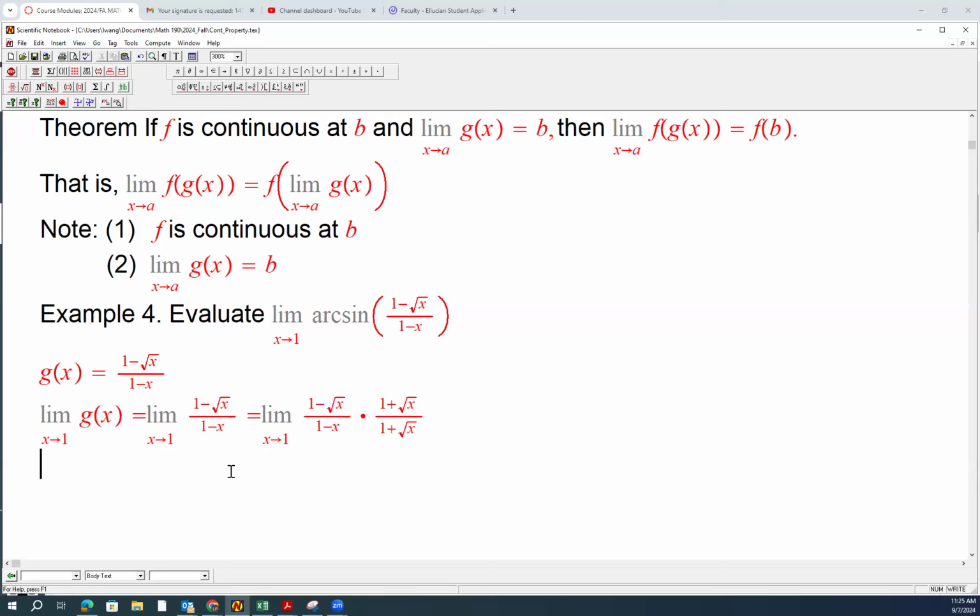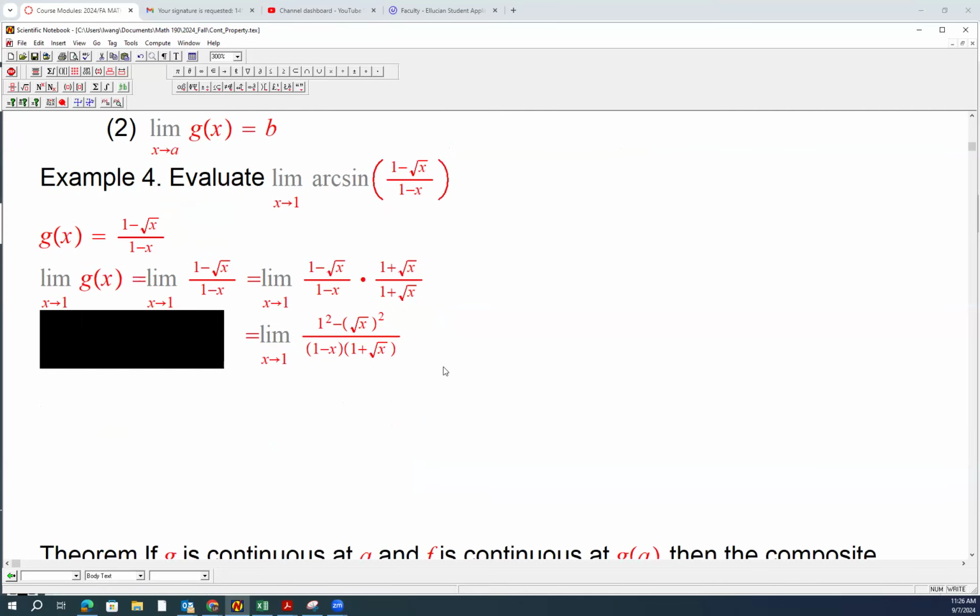On the bottom, we have 1 minus x. These two multiply, that's a squared minus b squared, so it's going to be 1 squared minus root x squared.